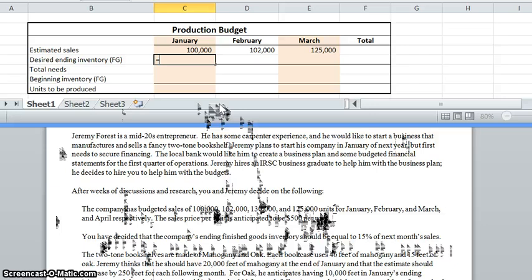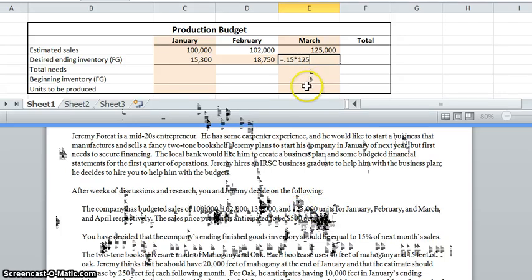So in January, we want our ending inventory to be 15% of next month's sales. So we're going to want 15,300 in January, 18,750 in February, and then for March, 15% of next month.